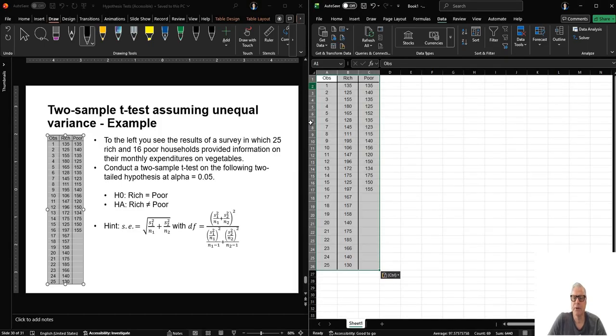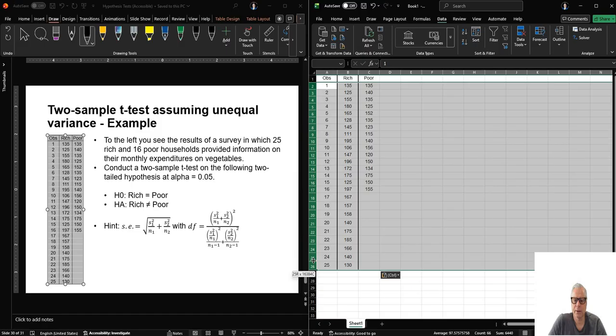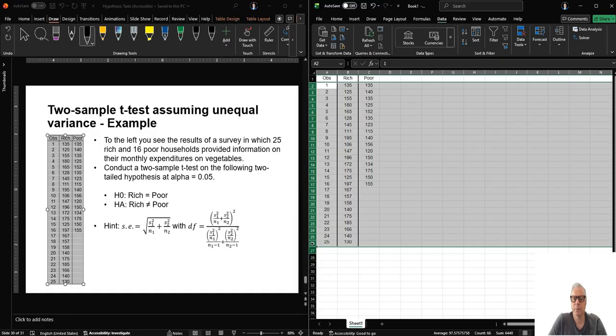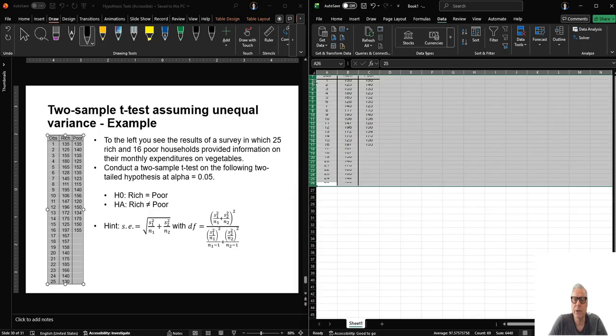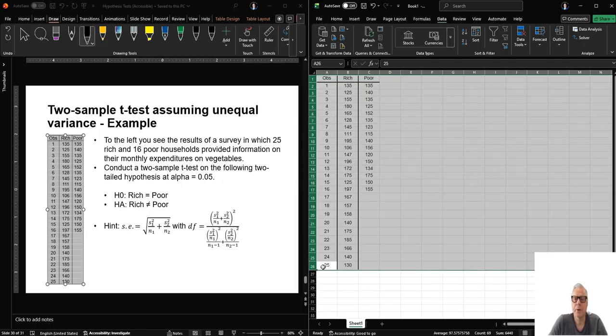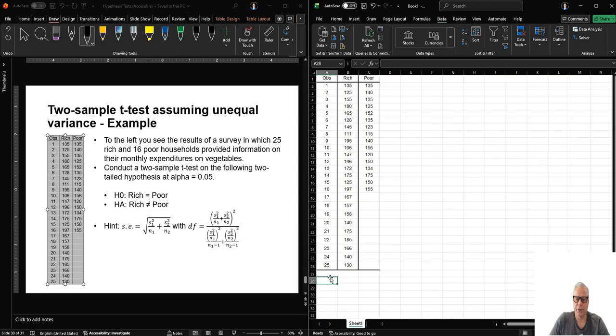So here it is. Okay, that's good enough. And now we first calculate the mean for each group.